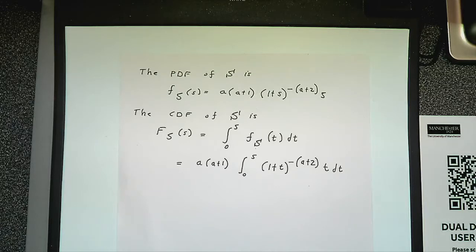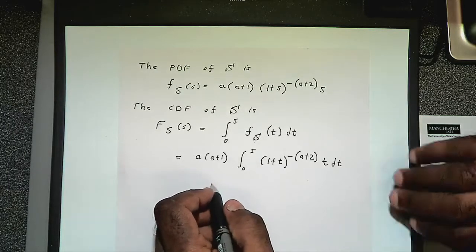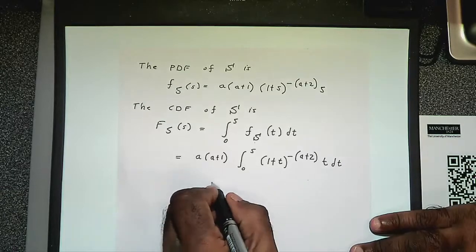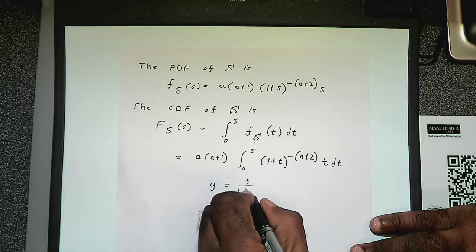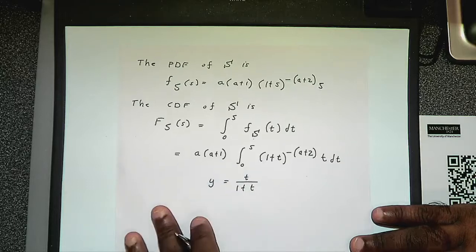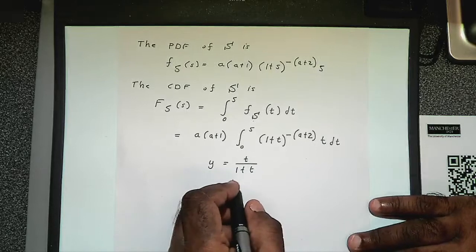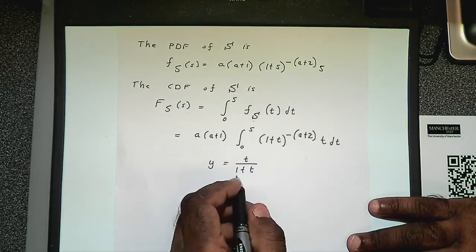It's more like a beta function. So you can make a substitution. Once again, you learn this by experience. Let's try this substitution, that y equal to t divided by 1 plus t, right?